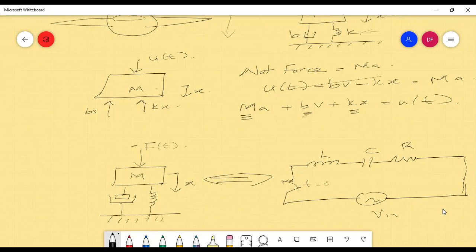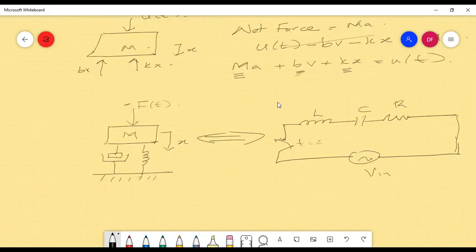So the solution of these two basically is the same process. We just have to pick which method we're going to apply to solve the system.